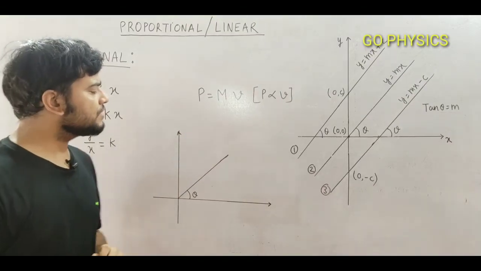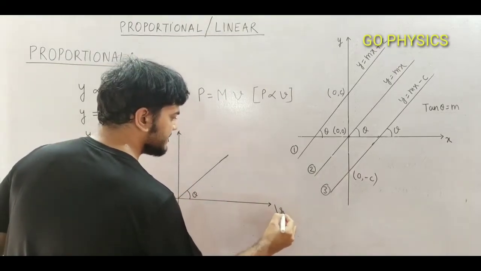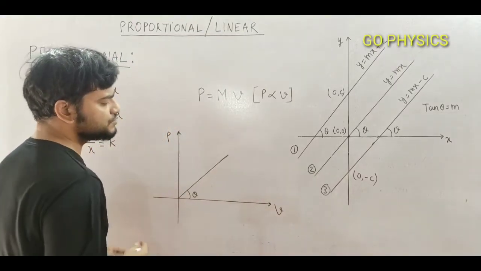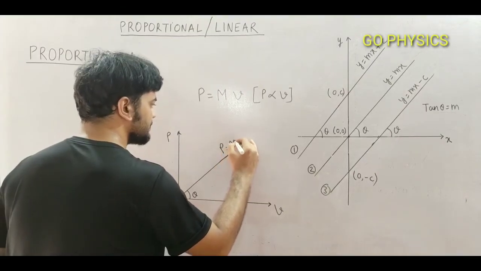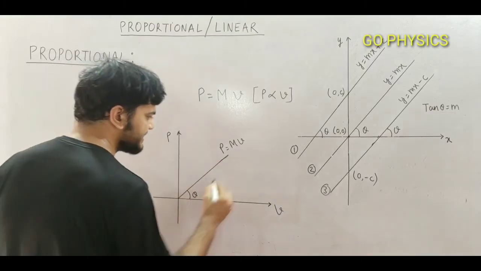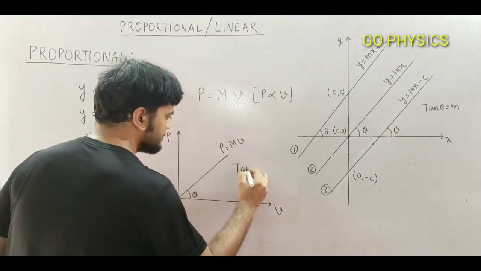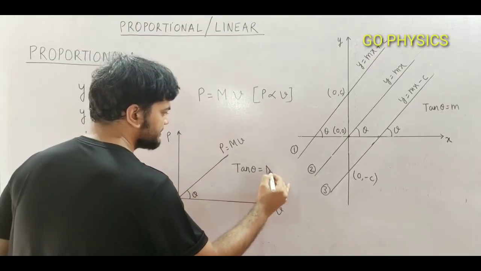And if we draw a graph between momentum and velocity, then it will be a straight line passing through the origin. And if we talk about the slope of this line, that is tan theta, then it will be equal to the mass of the body.